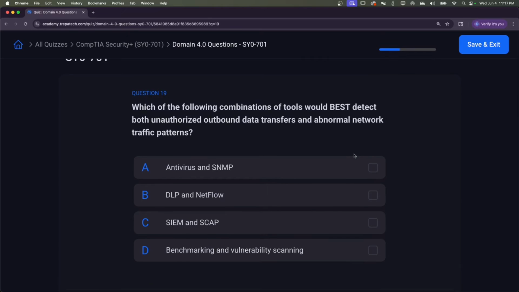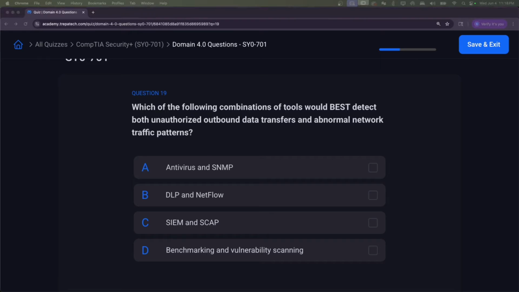Question 19. Which of the following combinations of tools would best detect both unauthorized outbound data transfers and abnormal network traffic patterns? So we need to detect unauthorized and abnormal.